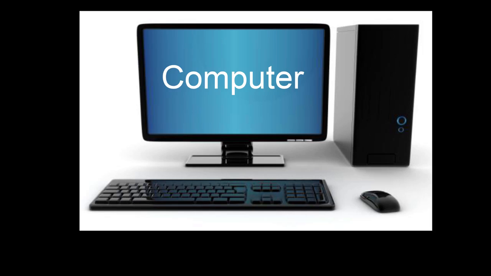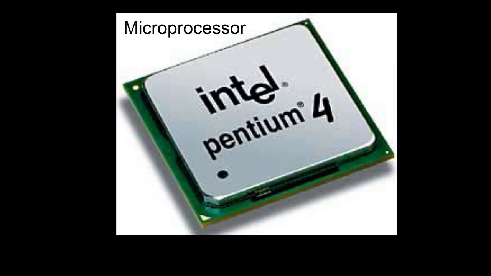The hardware part of a computer is composed of the computer components that you can basically touch, like the mouse, like the keyboard, the computer screen, and there are also internal hardware parts like the microprocessor and the RAM.